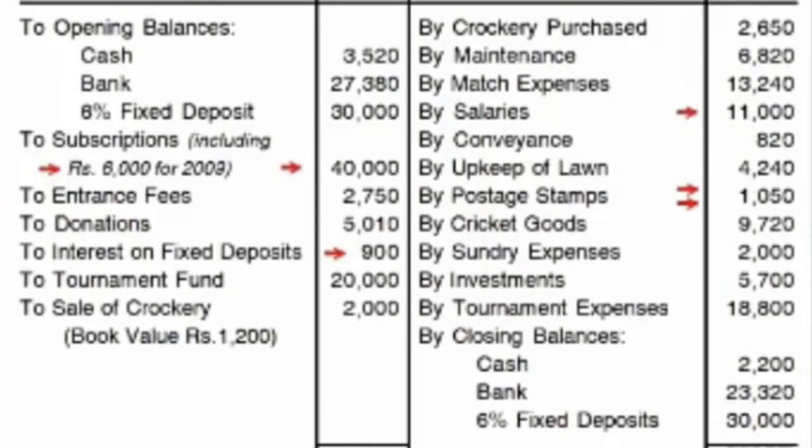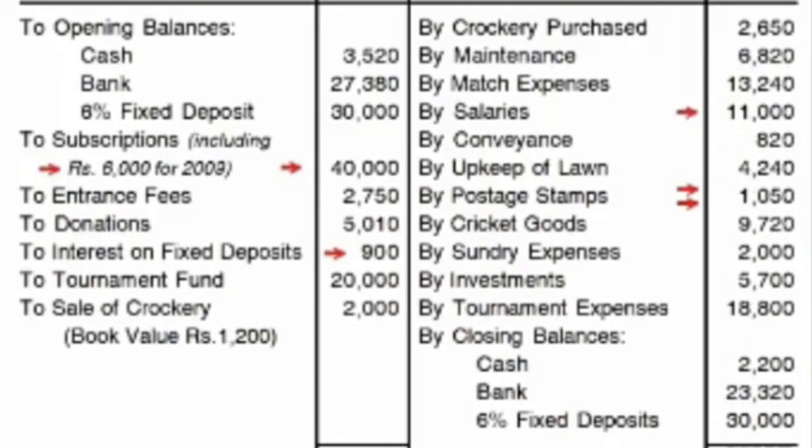So in the current year balance sheet, I will write less tournament expense, rupees 18,800, and the balance amount 1,200 we will write in the outer column. Here now we have only 1,200 as tournament fund.